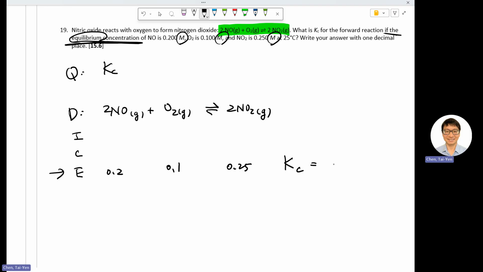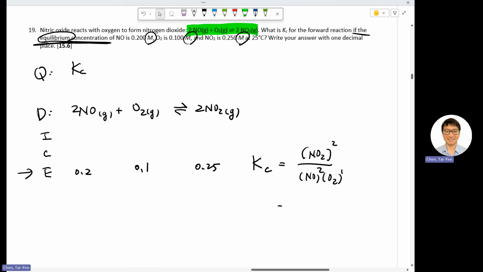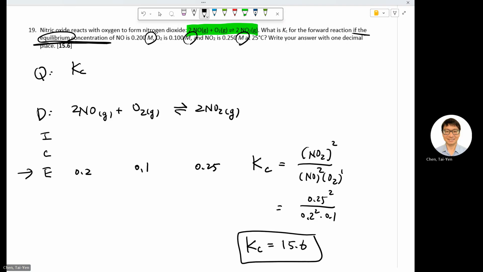It will be the concentration of NO2 squared, over the concentration of NO squared, times O2 to the first power. Therefore, it equals 0.25 squared over 0.2 squared times 0.1. If you do that calculation, you'll get a value of 15.6. Okay, and that's how you get the answer to this question.